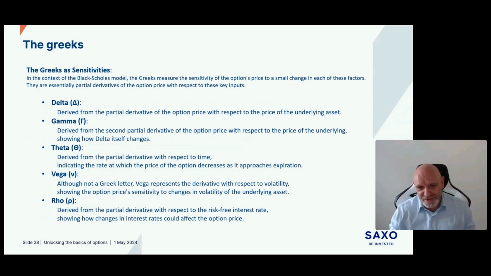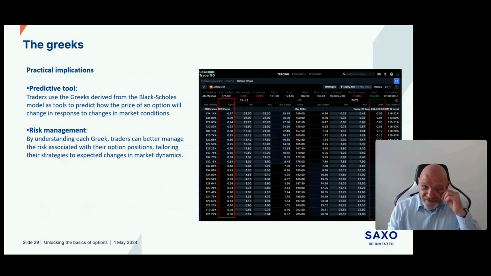Vega has to do with volatility, and rho with the interest rates. That's all I'm going to tell about this, because you shouldn't need to know much more. What is of importance is that those Greeks are used for various things. It can be something predictive, or it can be used in risk management. I'll leave the Greeks for what they are, and we'll move on to the demo.